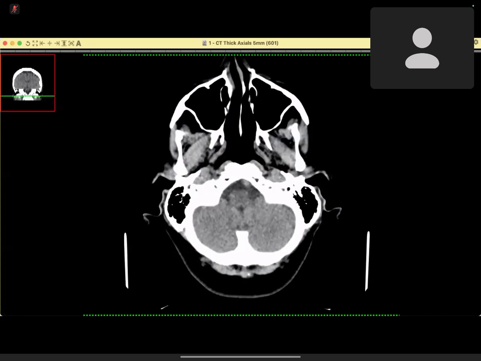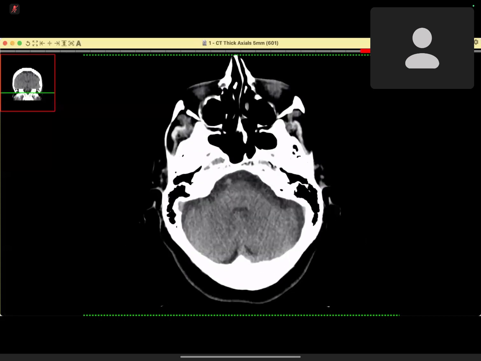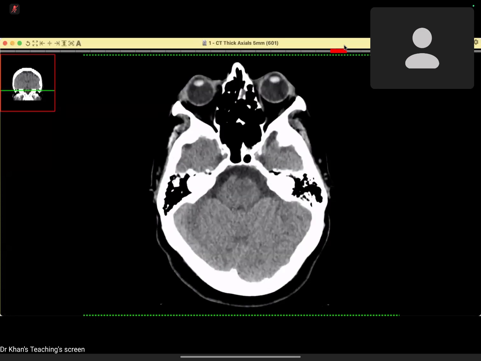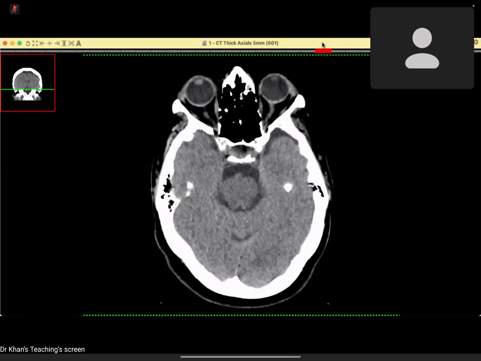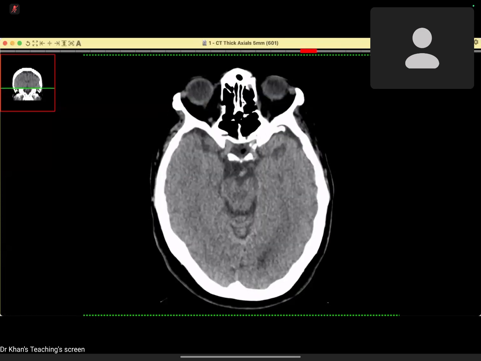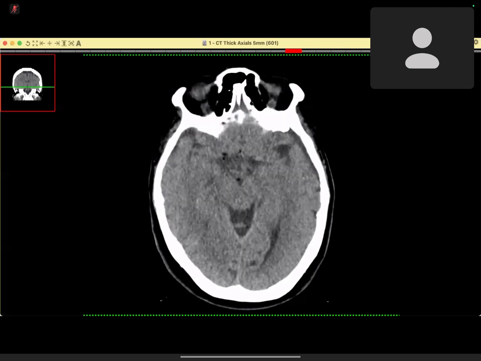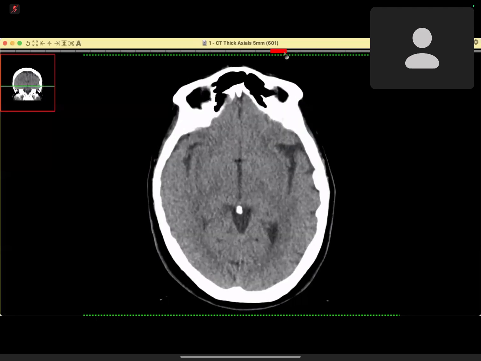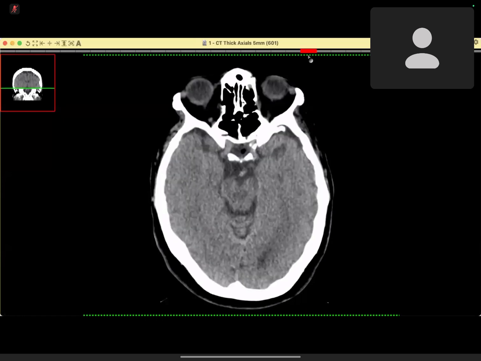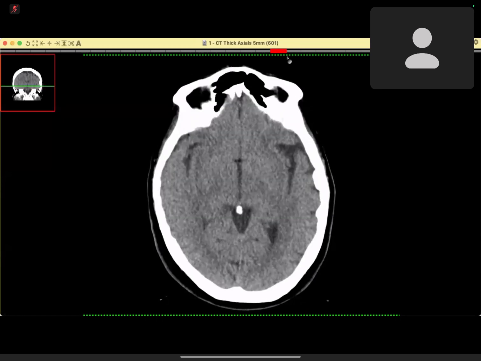As I'm going up, the medulla and pons appear normal. The midbrain appears normal. I'm seeing some air foci within the brain, which may represent pneumocephalus.